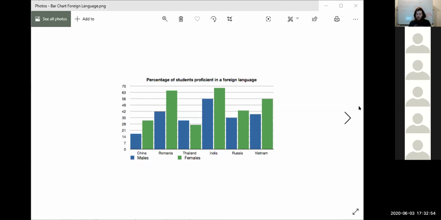So I could say the given bar chart illustrates the percentage of learners, maybe instead of students, learners studying a foreign language. Cool. And how many, over 6 countries you said? Over 6 countries, divided by gender.